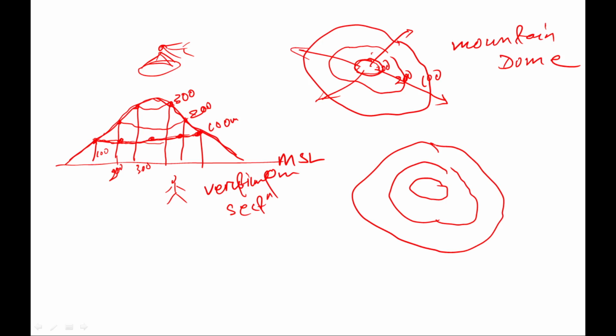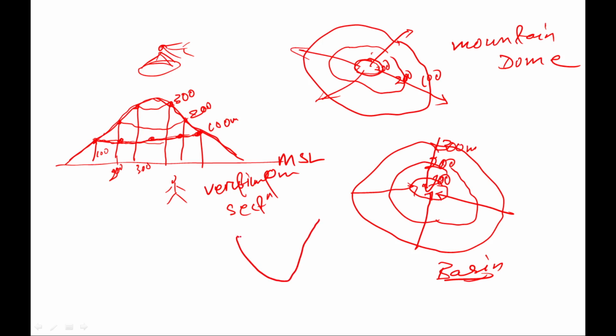Now you are watching this, and you are getting the values like this. This is 300 meters, this is 200 meters, and this is 100 meters. So now the slope is towards the center. That means you are watching a basin, a depression.